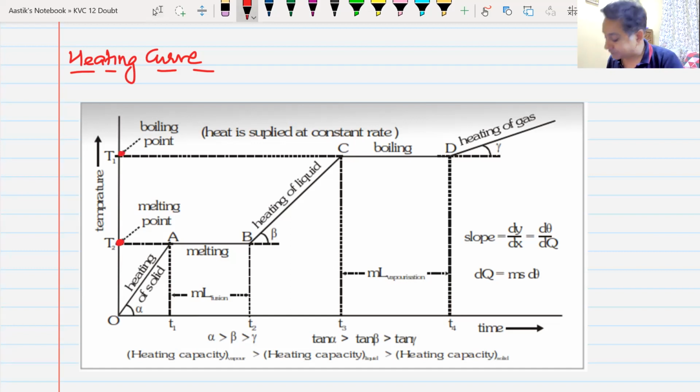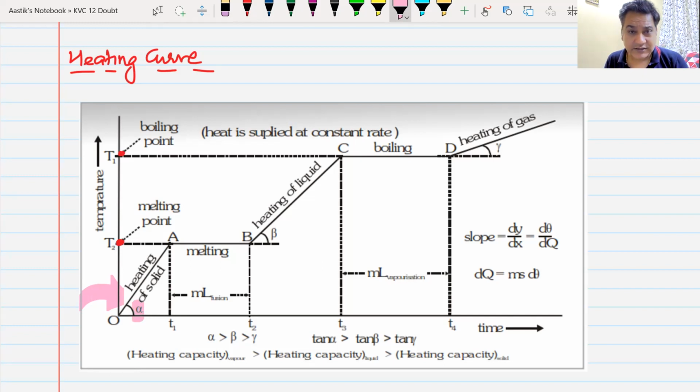Do we understand this? In the first case that I see, which is this one, I am giving heat to a body and the temperature is rising. This is heating of solid. Do we understand this? Yes, sir. The angle of inclination here is alpha.